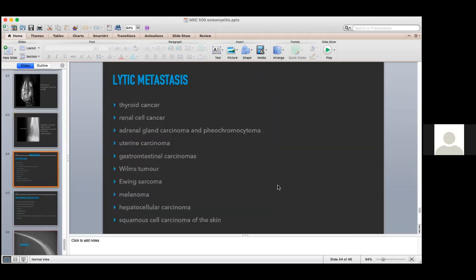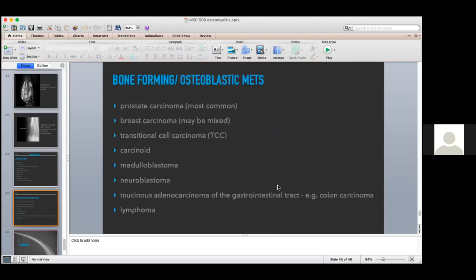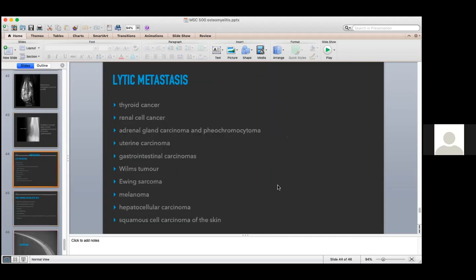I have a list of metastases for lytic and osteoblastic lesions. So you will go through it in your own time. But of note is that in the lytic lesions, you will have thyroid, you will have Wilms tumors that you will commonly see, you will have melanoma, squamous cell carcinoma of the skin will give you lytic lesions.